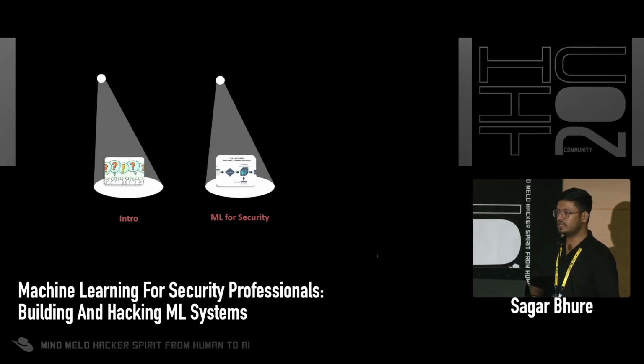So in the intro part, we are going to cover that, and in the next half, we are going to cover machine learning for security, where we'll talk about some of the applications in the security field where machine learning has been deployed. Let it be advanced firewalls or intrusion detection systems or any other applications that use data to block malicious URLs, or to block malicious bots and all those kind of things.